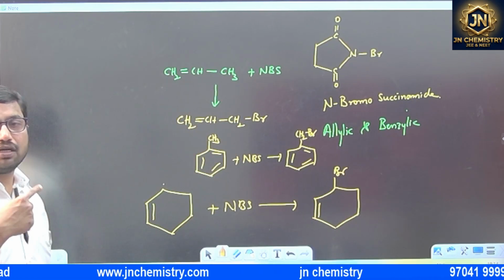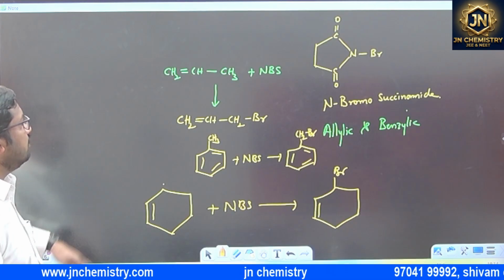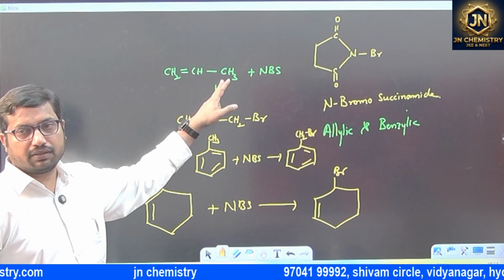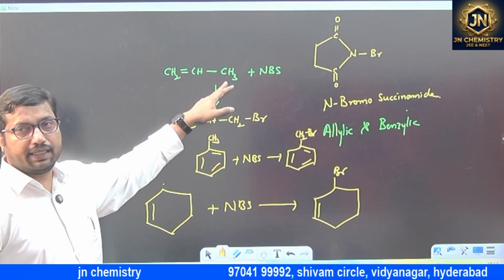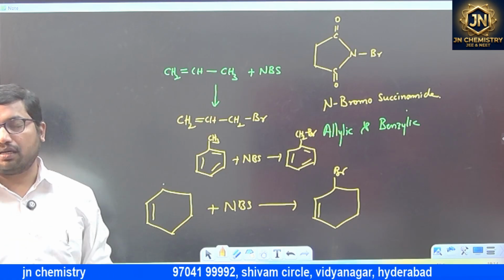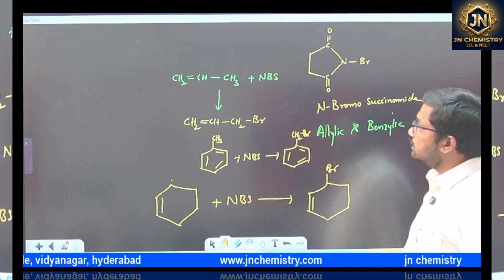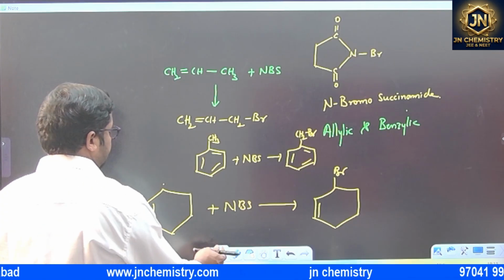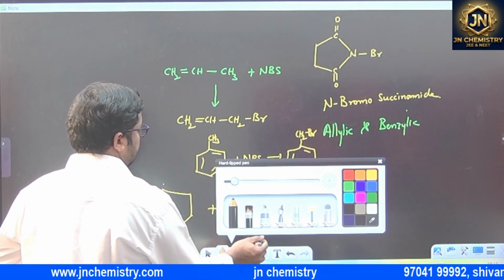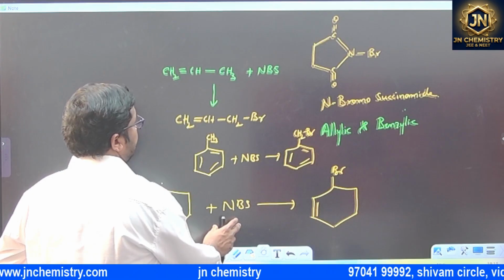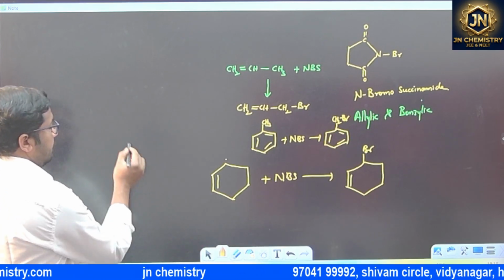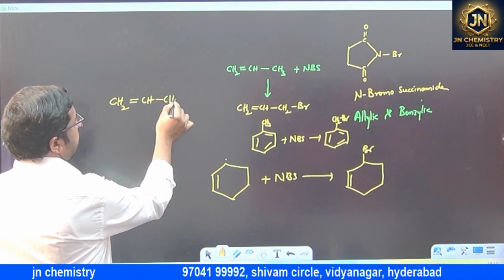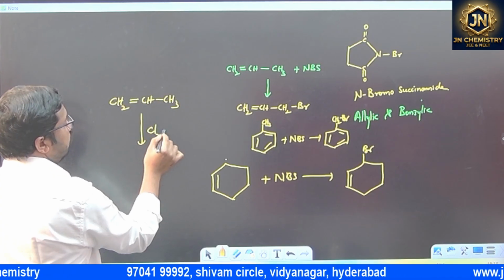The carbon adjacent to the double bond carbon is called allylic carbon. Write it down, for the people who don't know. This is vinylic carbon, and this is allylic carbon. At the same time, if you want to add chlorine at the allylic position, take CH2=CH-CH3 with chlorine at high temperature.